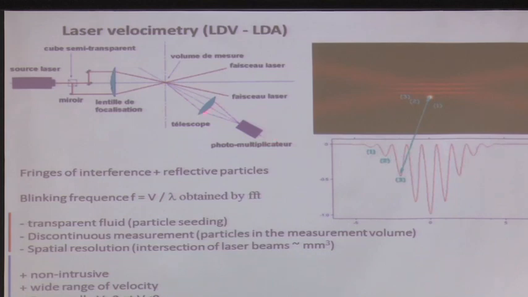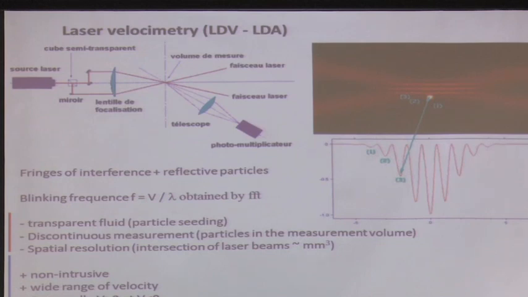And then you have this optical measurement device, which is called a photomultiplier, and it will collect the information that it is blinking. Okay, the white, black, white, black.